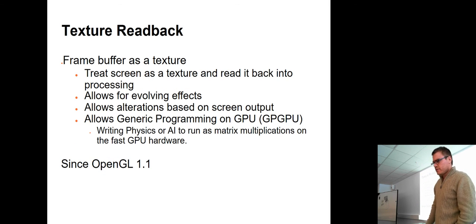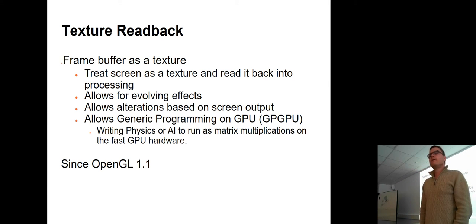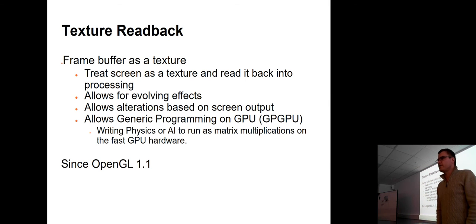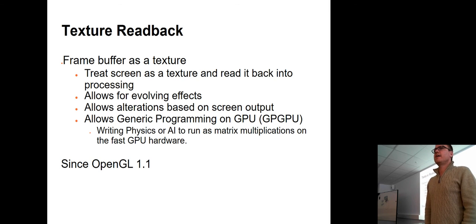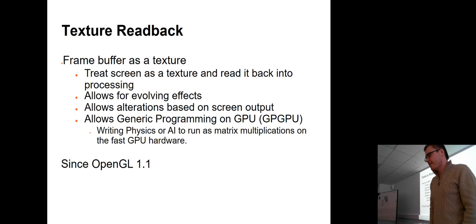And then there's the last concept, which I'm not going into at all. It's like texture readback. The idea is that you use the output of the frame buffer itself as a texture input. So you produce something in your frame buffer, the render to screen, but use that as input for further processing. The interesting idea is that you can kind of do some sort of meta programming in the widest sense, basically re-injecting your output into your own processing and having some effects on that basis.